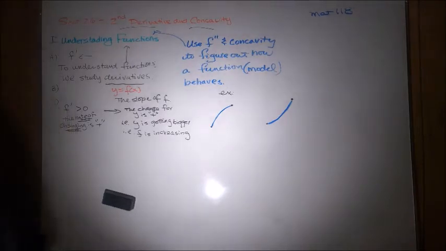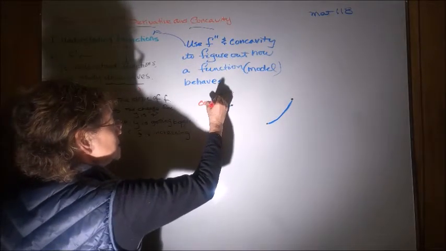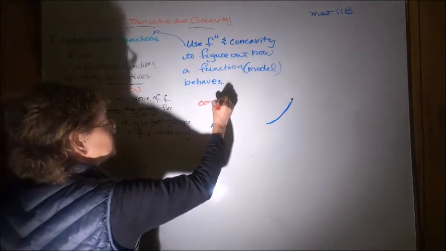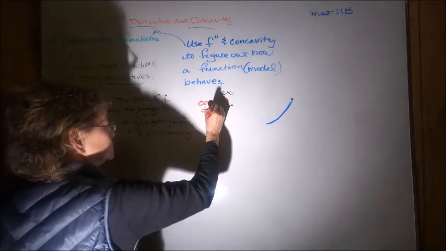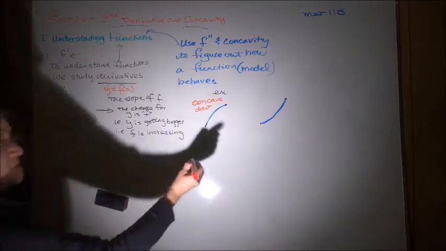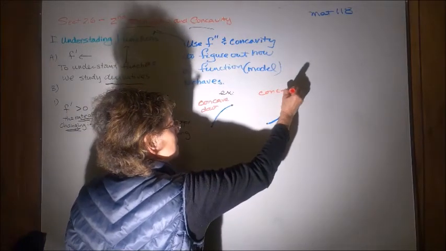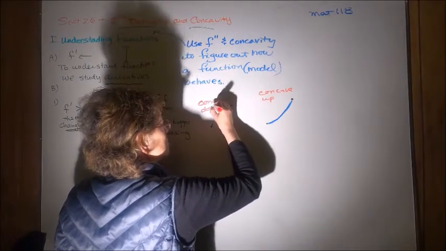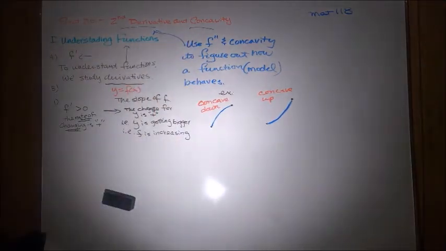So if the growth goes like this, then we call this graph what? Concave down, right? So it's concave down. And this one goes up like this. We call it concave up. So we are talking about concavity, okay?